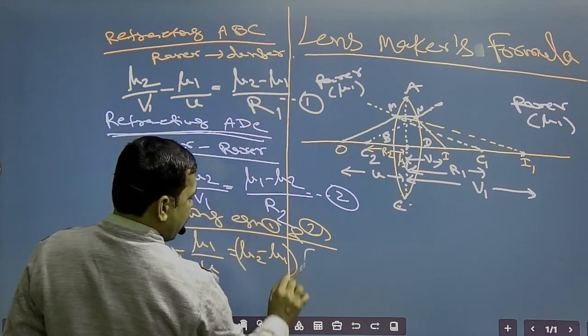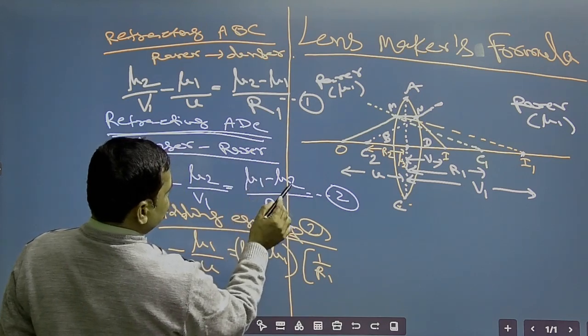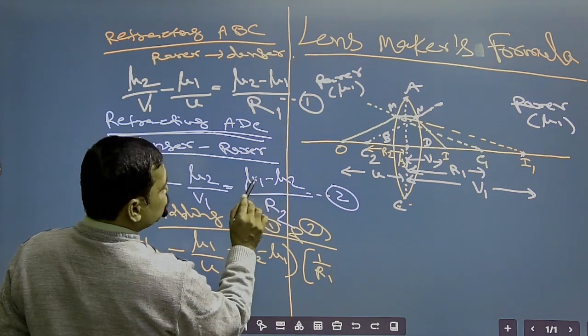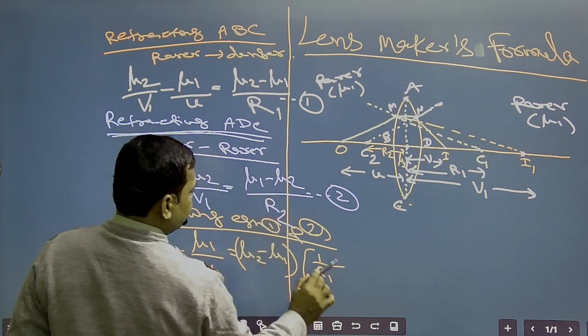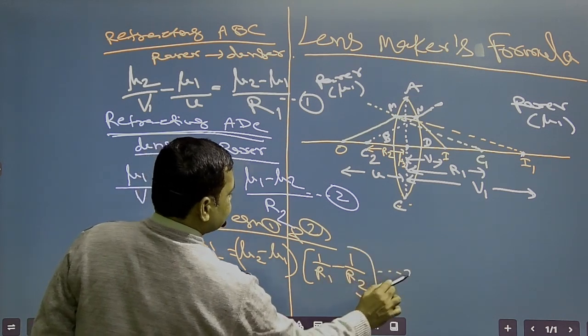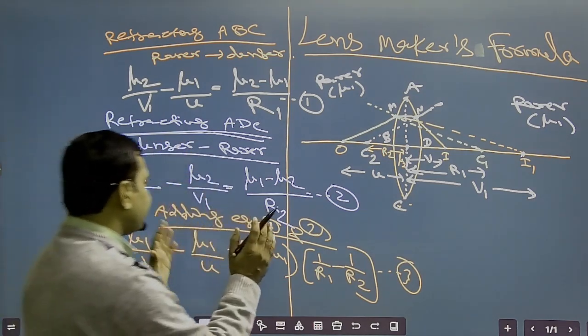Here we'll get 1 upon R1. Similarly, here you see mu1 minus mu2. If I rearrange this, it becomes mu2 minus mu1 with a minus sign, so I will put minus 1 upon R2, right? So this is the required lens maker's formula if we combine the two refracting surfaces.